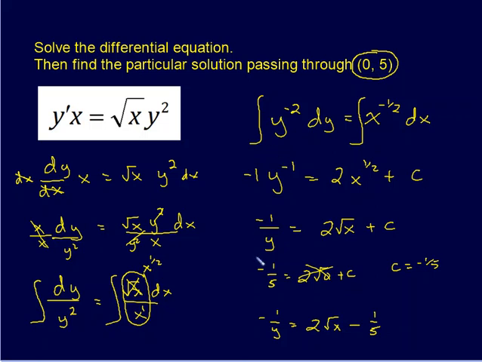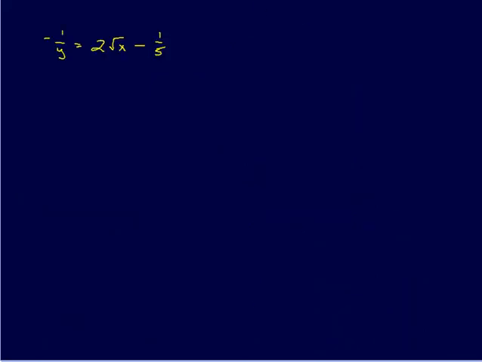Now, I would like the solution to always be, if possible, solved for y. I don't have that right now. I've got it solved for negative 1 over y. So we're going to open up a new screen here, and we're going to continue where we left off right here. So here's where we left off.